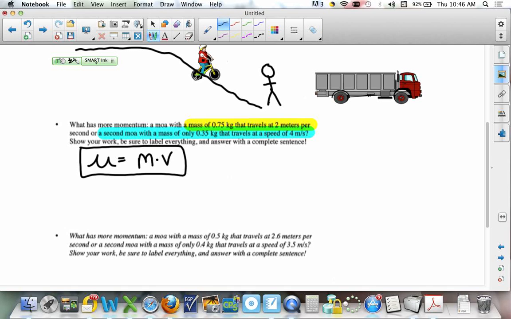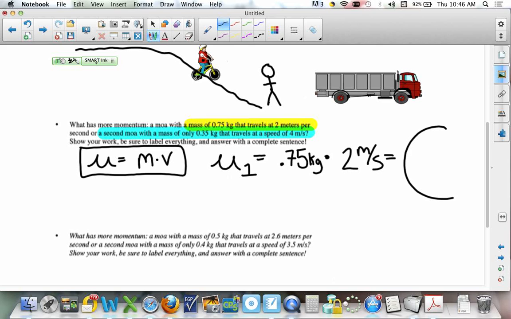So here's how I'd solve this. I'd say, well, mu, and we'll just call this momentum 1. Momentum 1 equals the mass, 0.75 kilograms, times the speed, 2 meters a second. So we'd be able to multiply this, and you'll be able to figure out what your answer is.